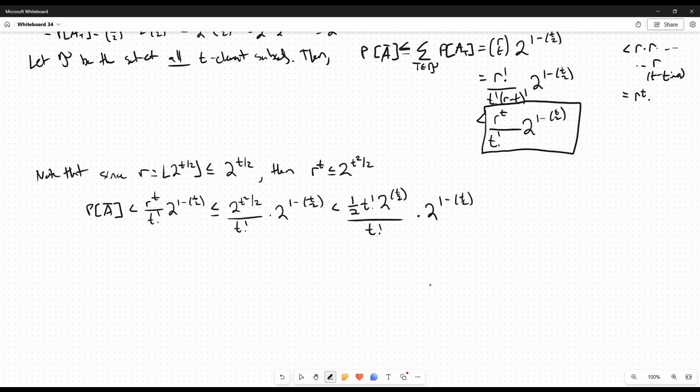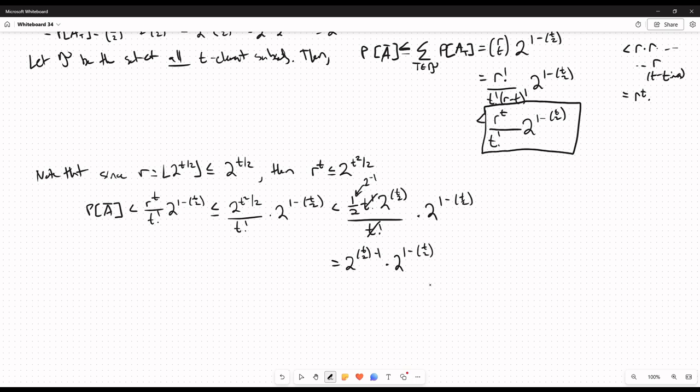And let's do some clever things. This here looks like that's probably 2 to the negative 1. Cool. I see those T factorials are going to cancel. So this is really 2 to the power of t choose 2 minus 1 times 2 to the power of 1 minus t choose 2.